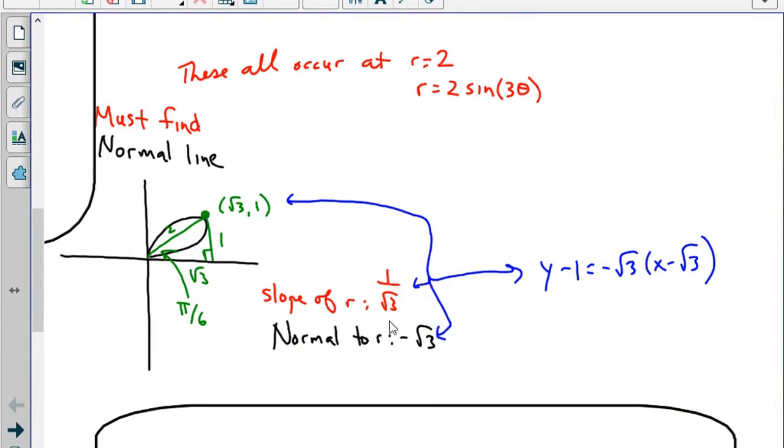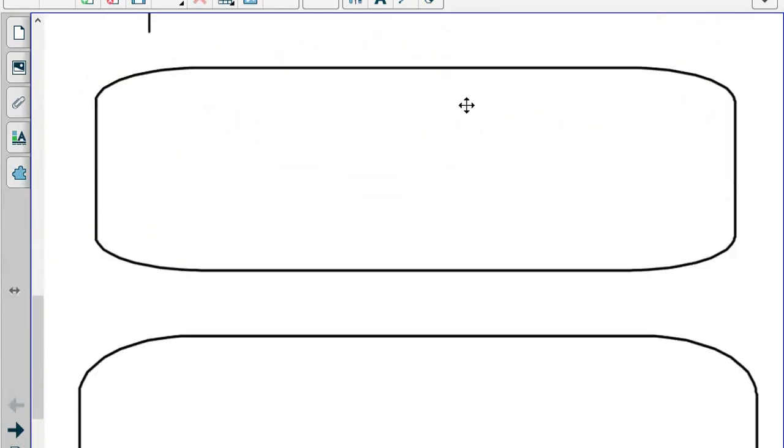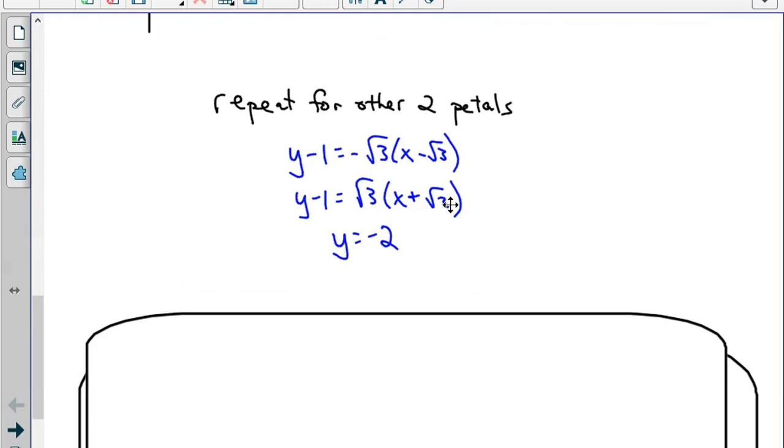So the slope is 1 over root 3. The normal line is going to have an opposite reciprocal slope, so that's negative root 3. And notice that the point rectangularly is x is root 3 and y is 1. So I can write that as a rectangular equation. I can repeat that process for the other 2 petals and I get these 3 answers.